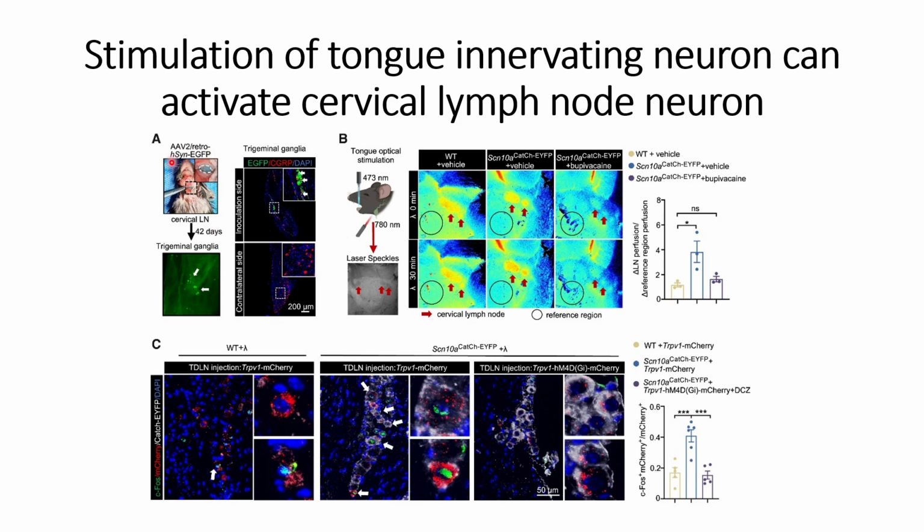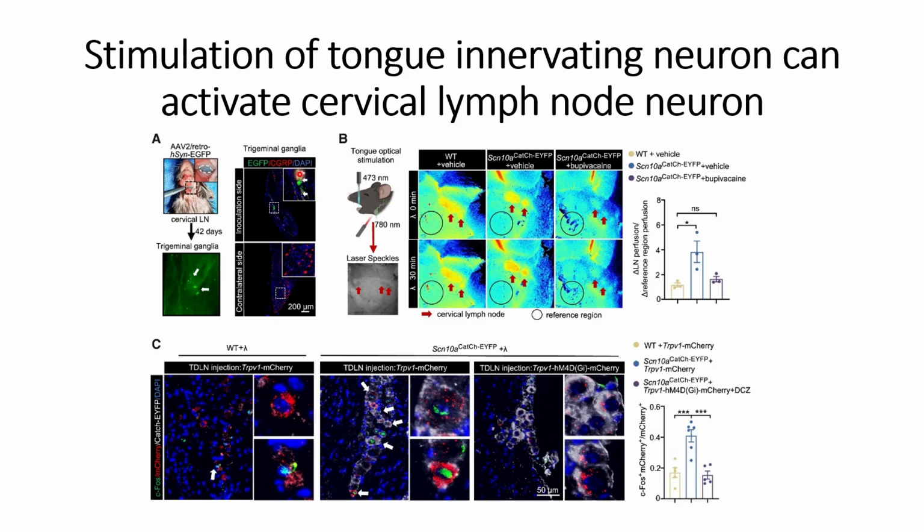This hSyn reporter is usually expressed in the trigeminal ganglia, and there also they are able to see this CGRP. So this CGRP signal shows the specificity of the EGFP expression.